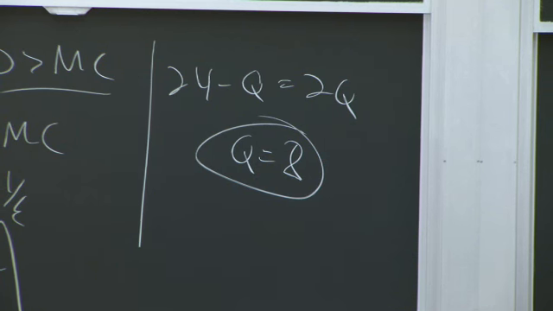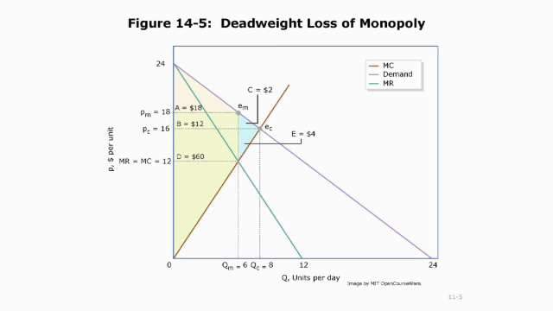They choose to sell 8 units at a price of 16. So the competitive quantity Q sub C is 8, and the competitive price P sub C is 16. That's where graphically demand equals marginal cost. The monopoly firm sells 6 units at a price of 18.